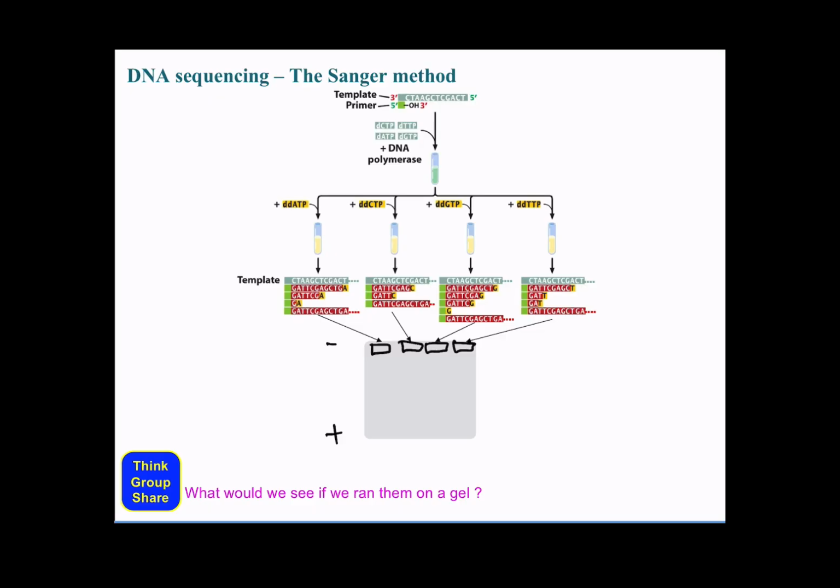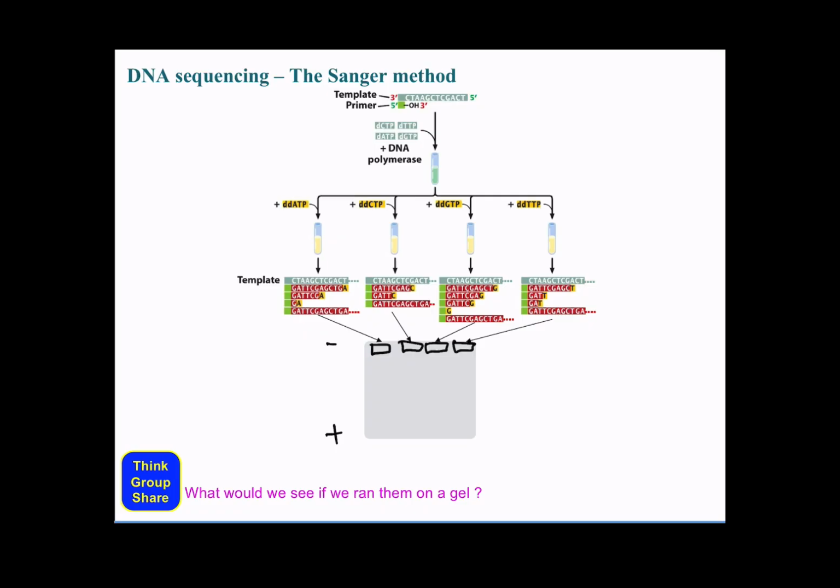So let me ask you this. Looking at all of the fragments across all of the lanes, in which lane would you expect to see the fragment that traveled the furthest? G, right?